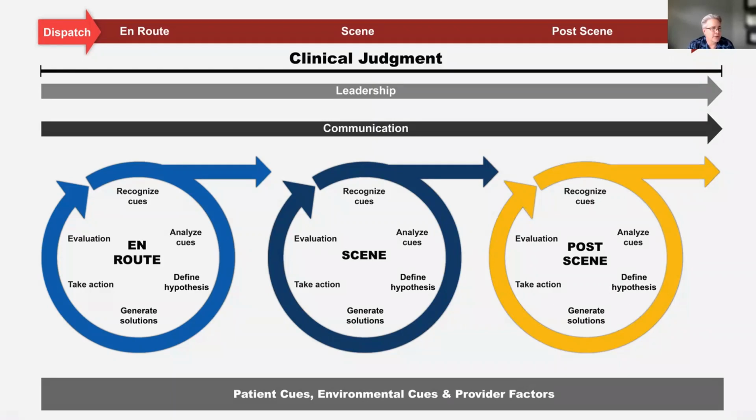If you look across all 3 phases of the call, we're doing the same things. The en route phase has those 6 steps, the scene phase has the same 6 steps, and the post-scene phase has the same 6 steps. So I can illustrate the scene phase really nicely here.